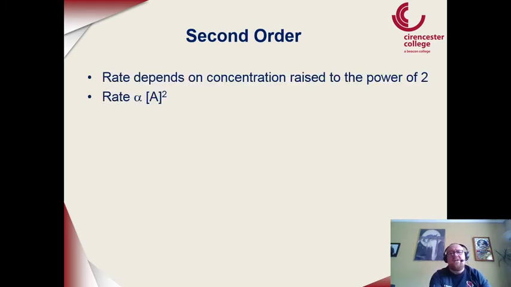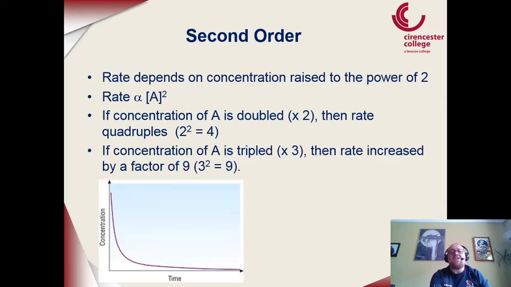Second order, the rate equation looks more like this. Rate is proportional to the concentration of A squared. And we can see it's very different from the other graph. The first order graph was very, very gentle, whereas this has a very steep curve going downwards, and it very, very slowly decays to 0.